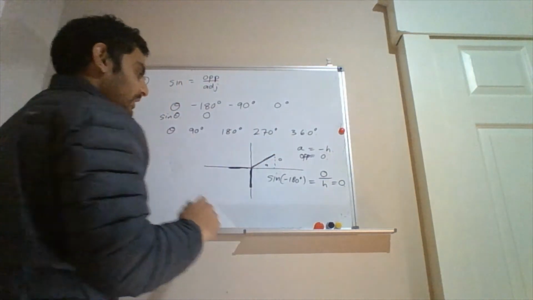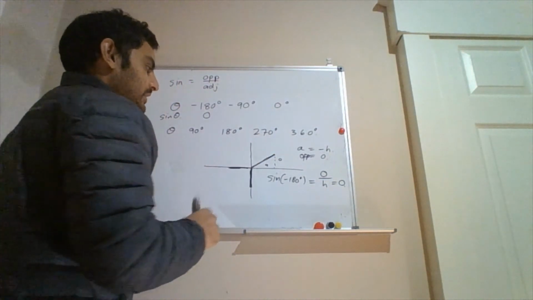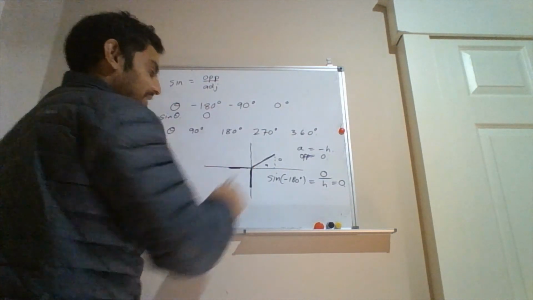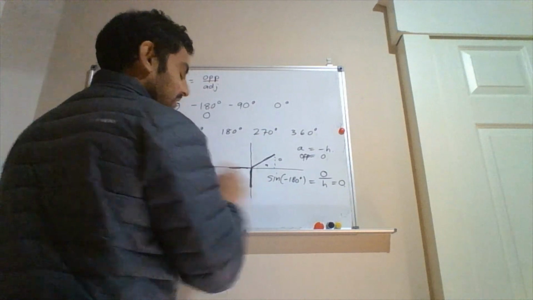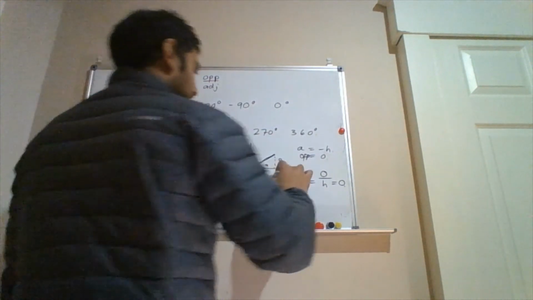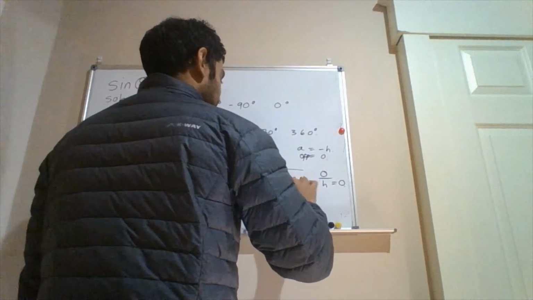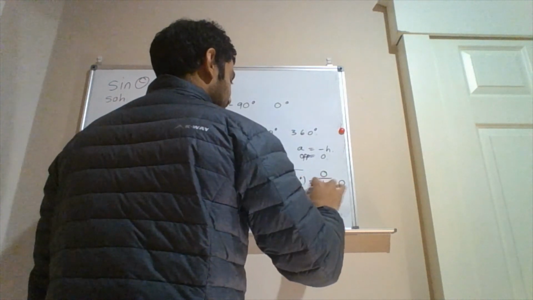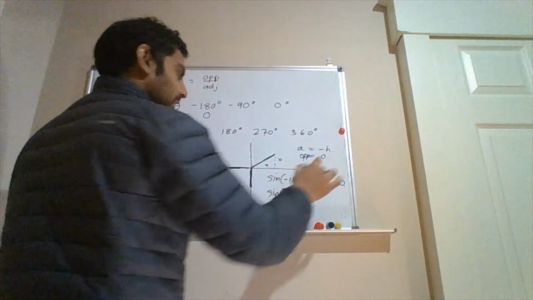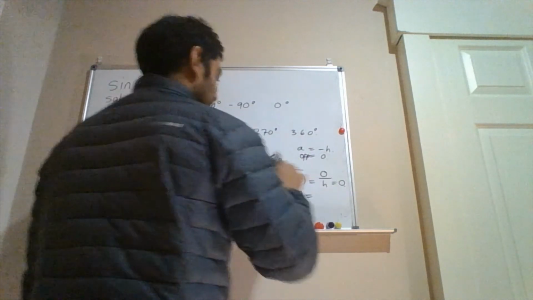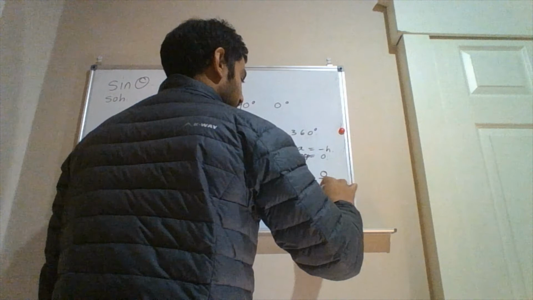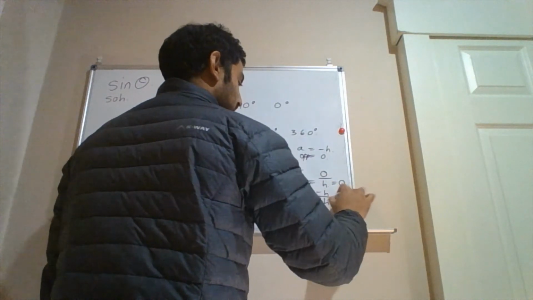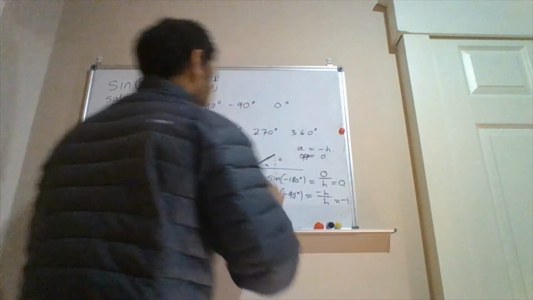And this time around, our opposite is the same length as our hypotenuse, and our adjacent is 0. So sine of negative 90 degrees is going to be, our opposite is going to be the same as the hypotenuse, but negative because it's below the horizontal. So opposite is negative h divided by h gives us negative 1.